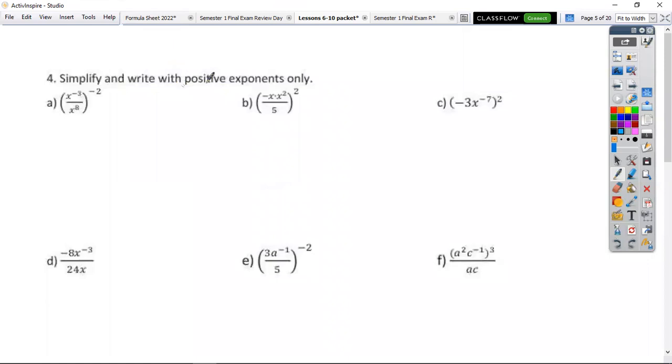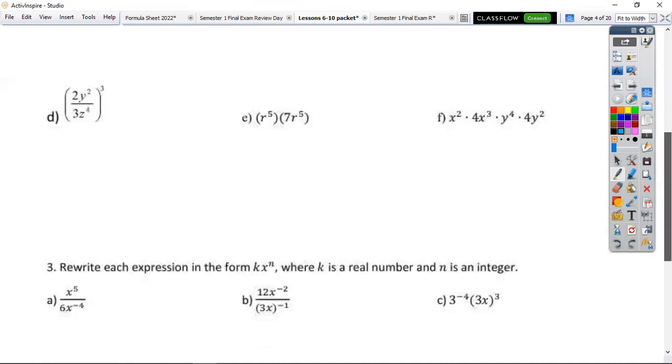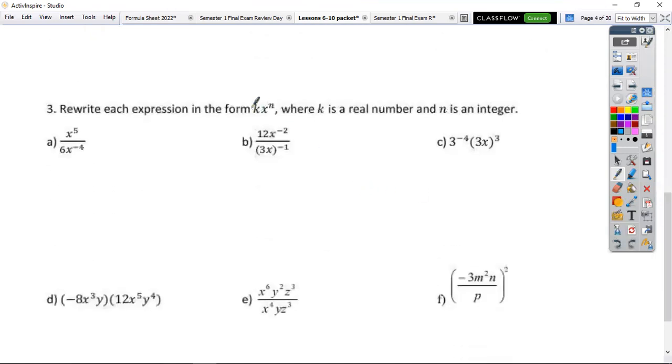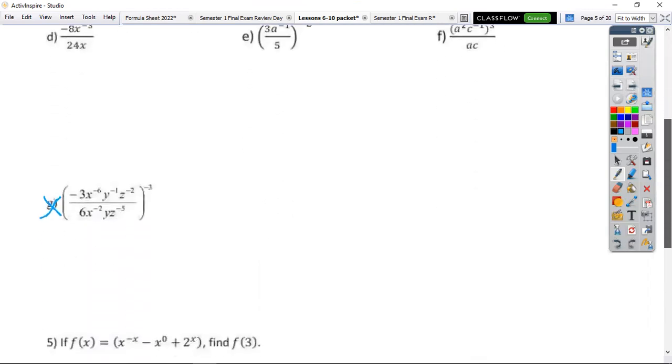Number 4 is positive exponents only. And number 3, all of those problems, you can have negative exponents. So when it says this, it just means that negative exponents are allowed. Okay. Yeah. So the front, you're doing all your problems, and then on the back side, you may cross off number 5.